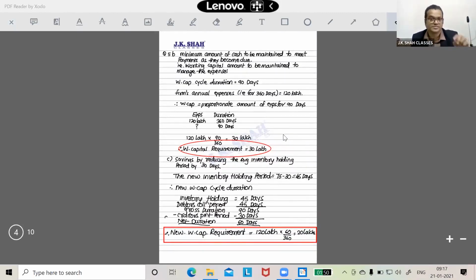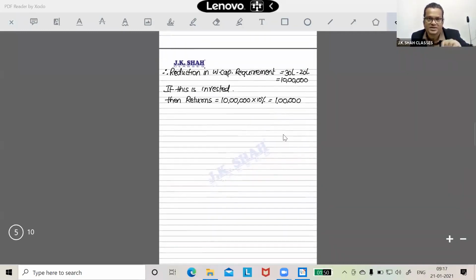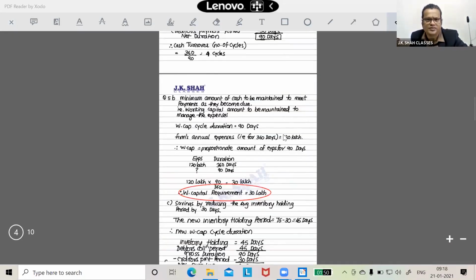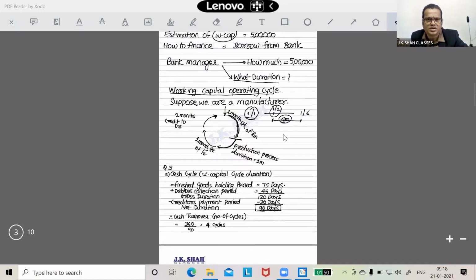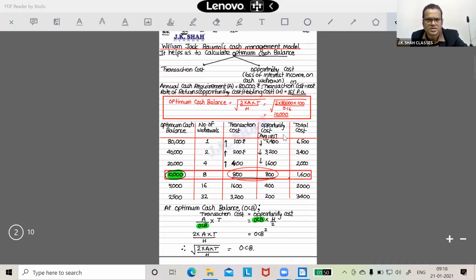Hope you are done. And then the last part. If anyone needs the formula also, I'll put it in one screen.